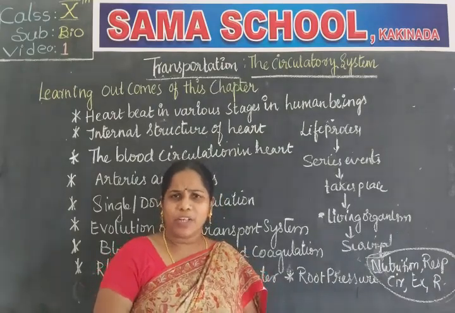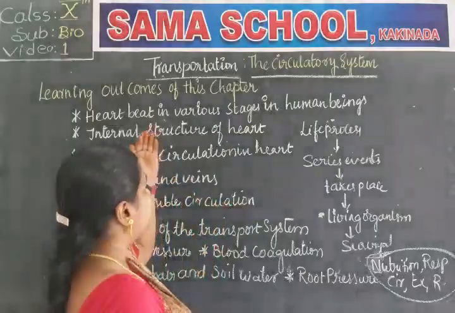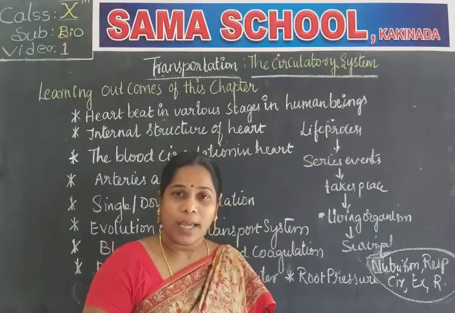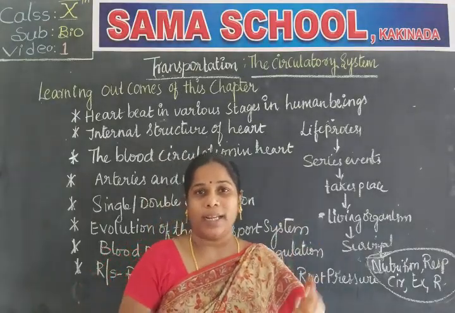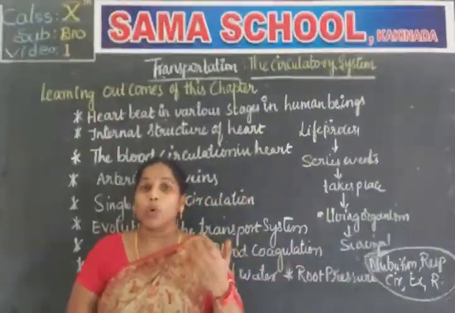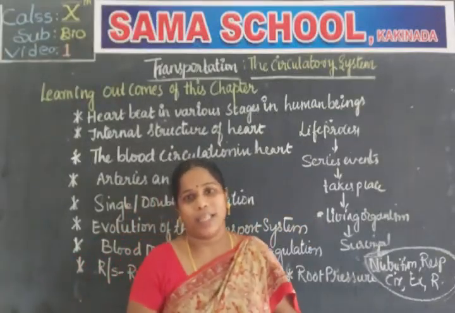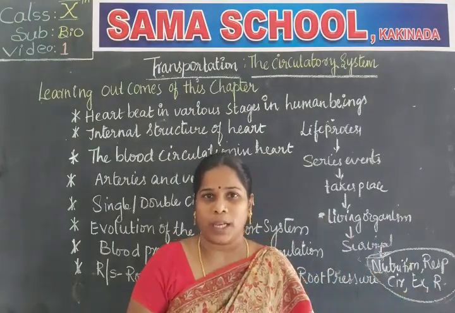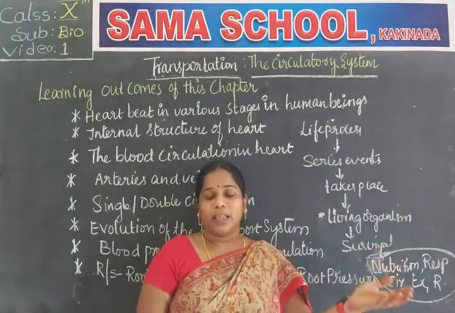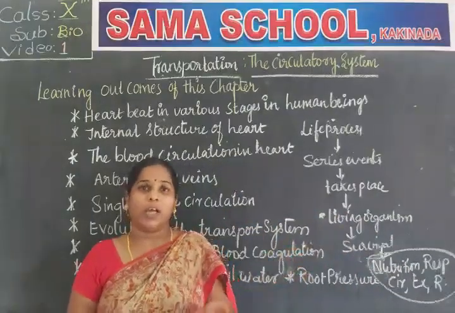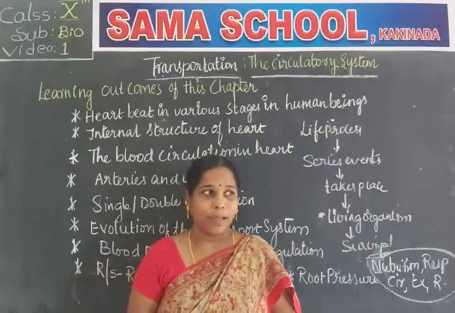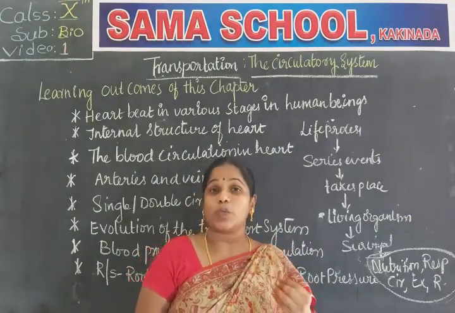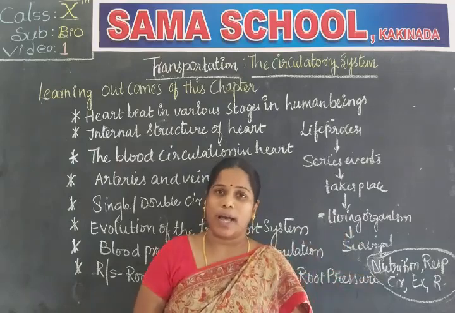First, everyone should know why the name transportation is given in the circulatory system. Transportation means transporting or sending some minerals, some goods from one place to another place. For example, vegetables should come from Maharashtra through vehicles. That means substances are transported from one place to another.